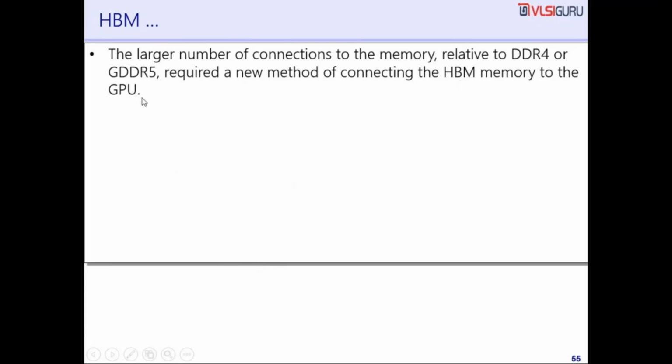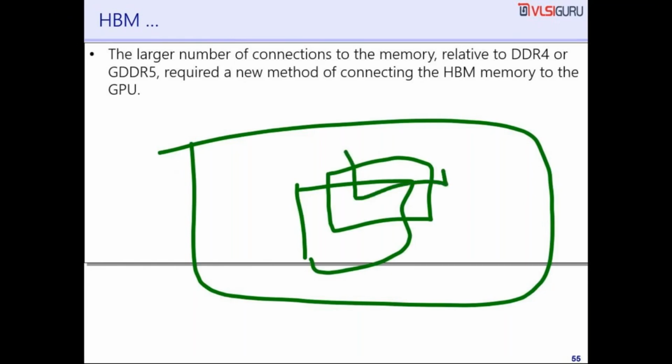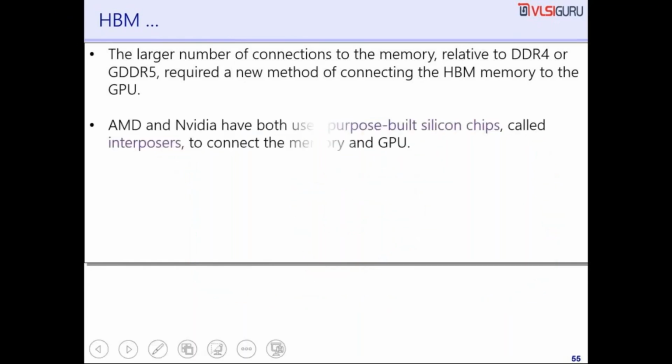Because you have a large number of connections, you cannot spread the memory out like this. You should rather do the 3D stacking. So that is what has been done. AMD and NVIDIA have both used purpose-built silicon chips called interposers to connect memory to the GPU.